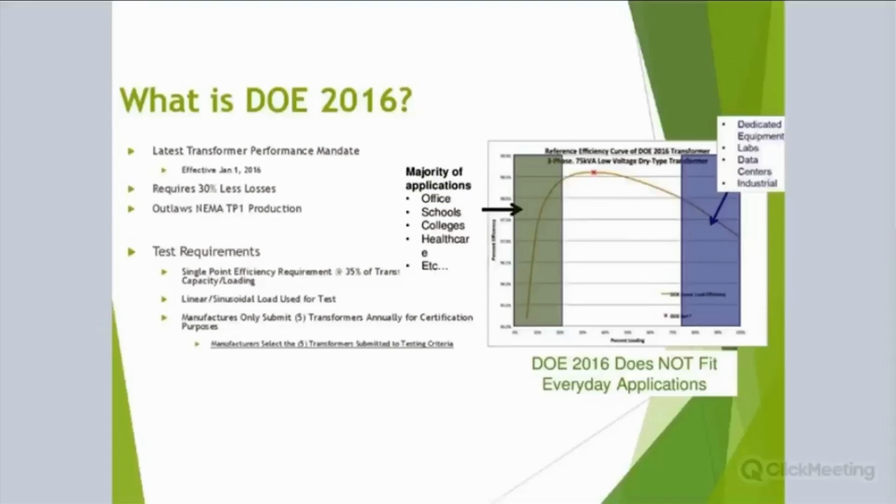So at 35% load, linear load, they take that reading. That reading must meet a certain efficiency amount or higher that's mandated by the Department of Energy. And every size transformer has a different efficiency requirement. Typically, it's in the 98, almost 99% efficient, which sounds great, but you could still be talking about a product that is losing either 150 watts of energy or 850 watts.